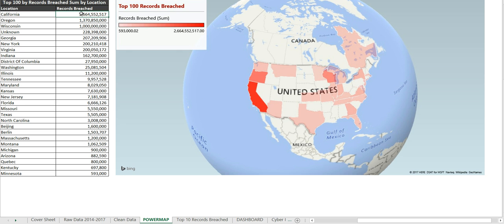So first I used the sort function to get the top 100 incidents, and then I used the pivot table to add up the records breached by location. We can see that the data I'm working with is primarily in the US, and California is at the top of the list. This is probably because a lot of tech and internet companies are located in Cali.